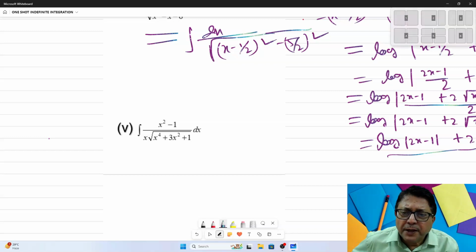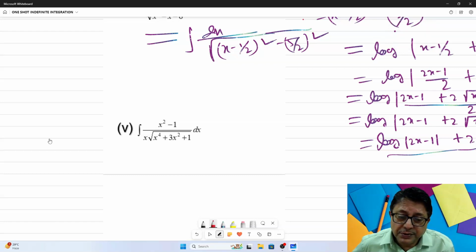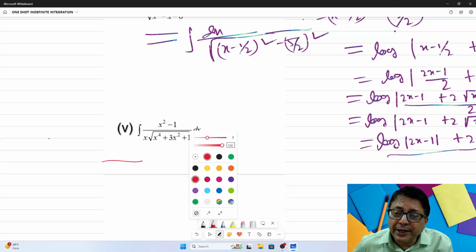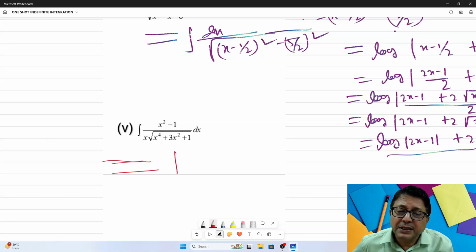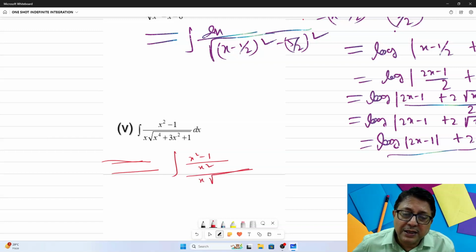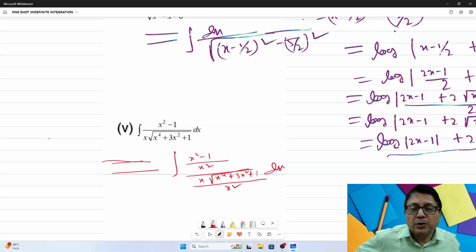Let's see. If we take x square inside, then it is x square plus 1 by x square. This is 3. We make this observation and then proceed. You write this as x square minus 1 by x square, and this is x root over x to the power 4.